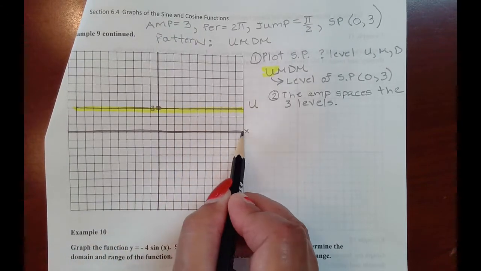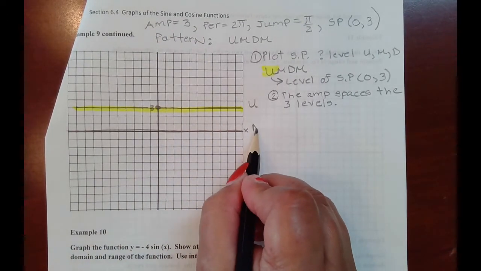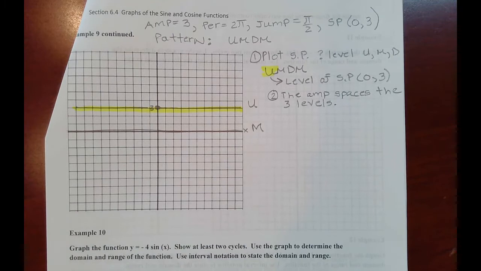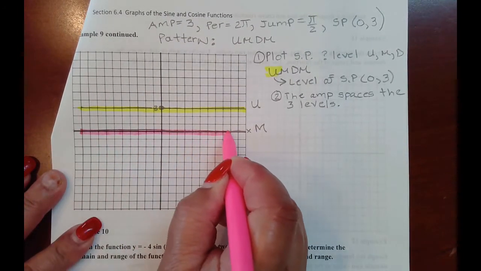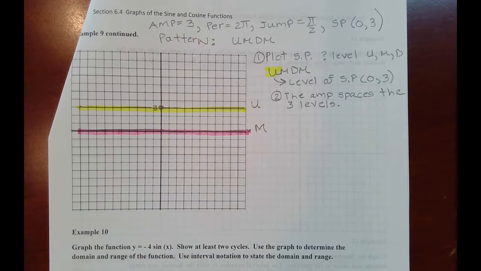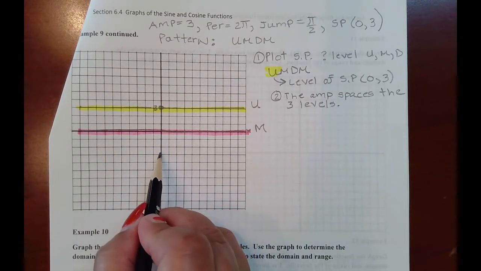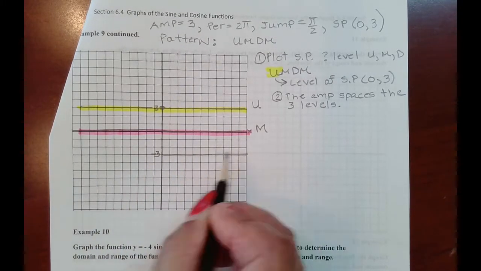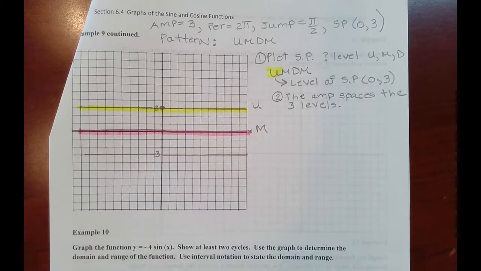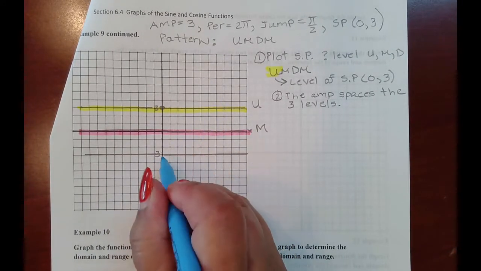This x-axis also plays the role of the middle level because you're going to be reciting that pattern to yourself as you go and graph, and you're going to want to know that that x-axis actually plays the role of the middle level. Okay, then we're going to go and space out 3 more. 1, 2, 3, going down to -3, and that's going to be our downward level. No points will be any lower than this.